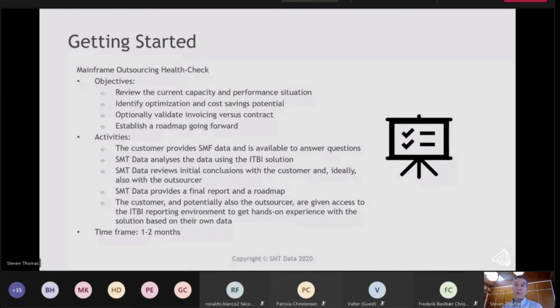So this really involves getting some SMF data from your environment, loading it into our analysis tools, letting some of our consultants go in and look at this, optionally also understanding your commercial agreement with your outsourcer, and then coming back with a presentation, a workshop to help you dig into this.